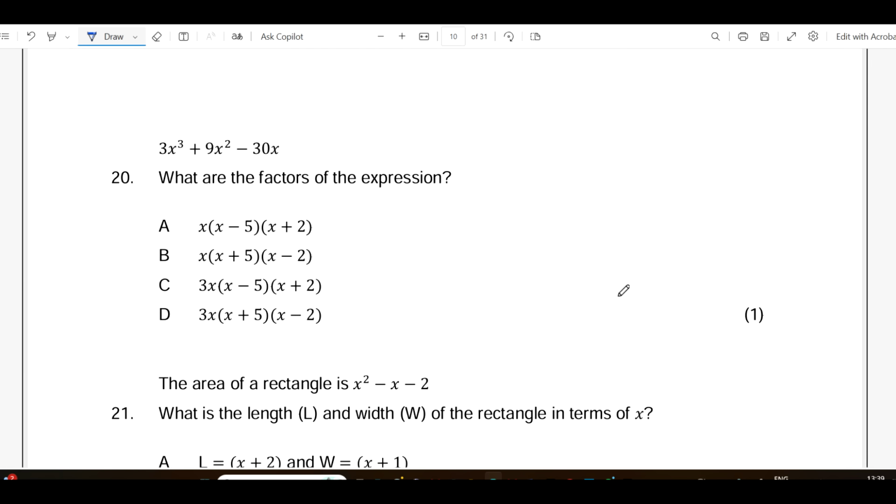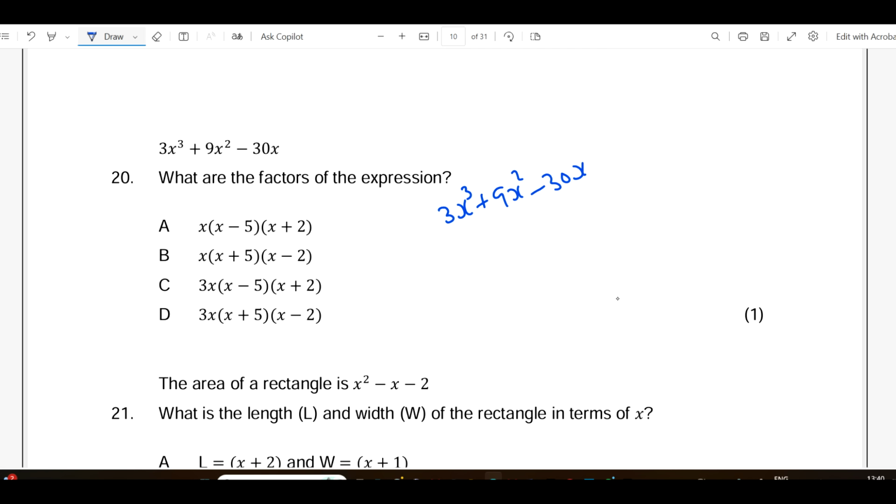So what are the factors of the expression 3x^3 plus 9x squared minus 30x? The first thing that we're going to do is look at the common factor.